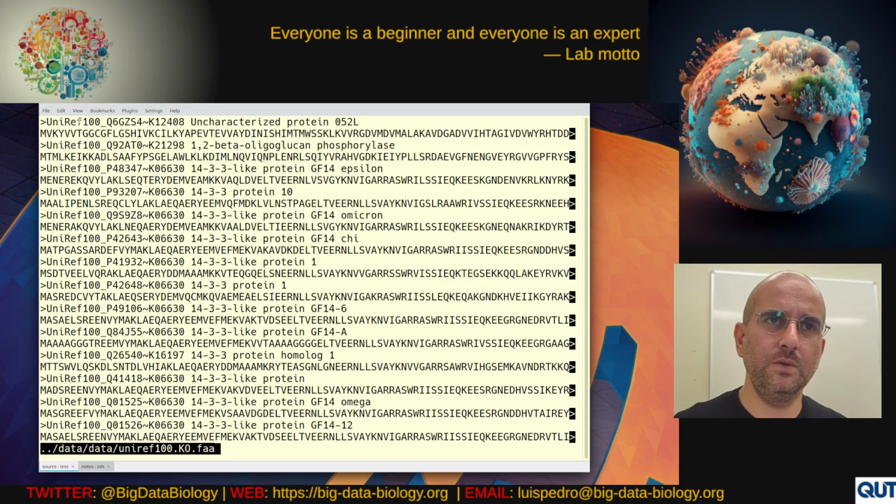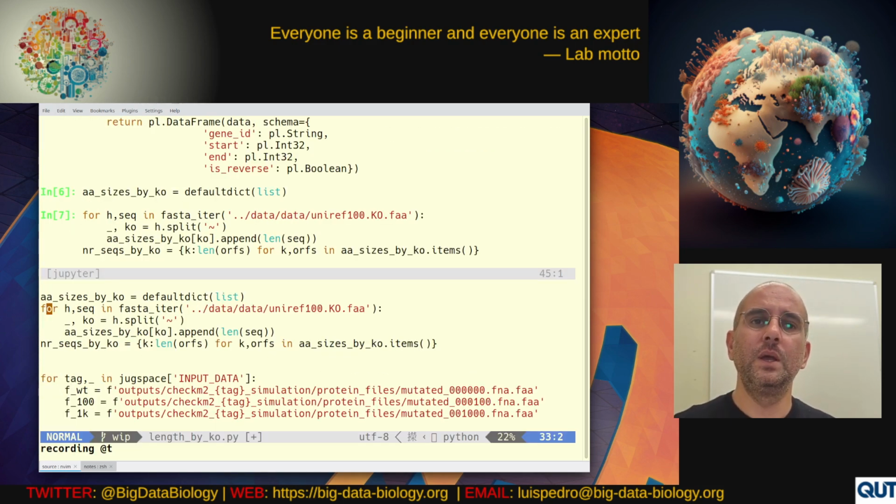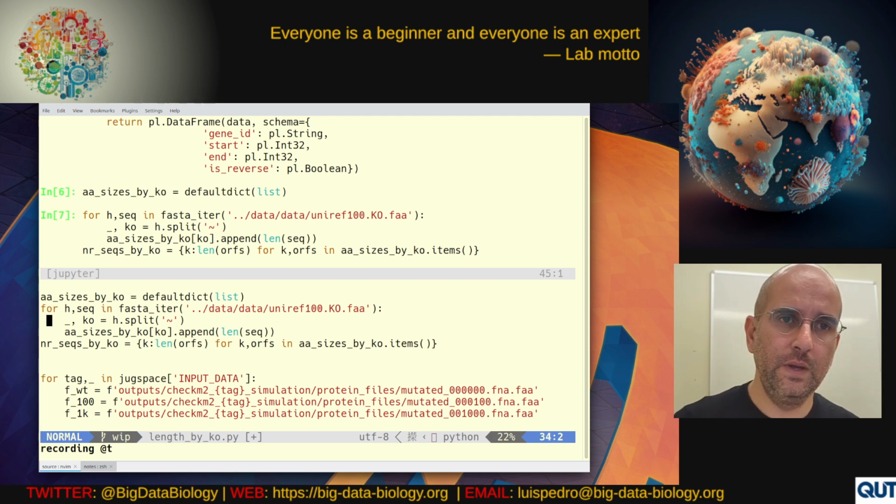It uses the same format as, right? Because I believe that this is the reference that CheckM2 is using. So, the UniRef ID, tilde, the KO, and then the sequence. Just do note that this is an amino acid sequence, so we're going to have to multiply by 3 to compare to the nucleotide length.